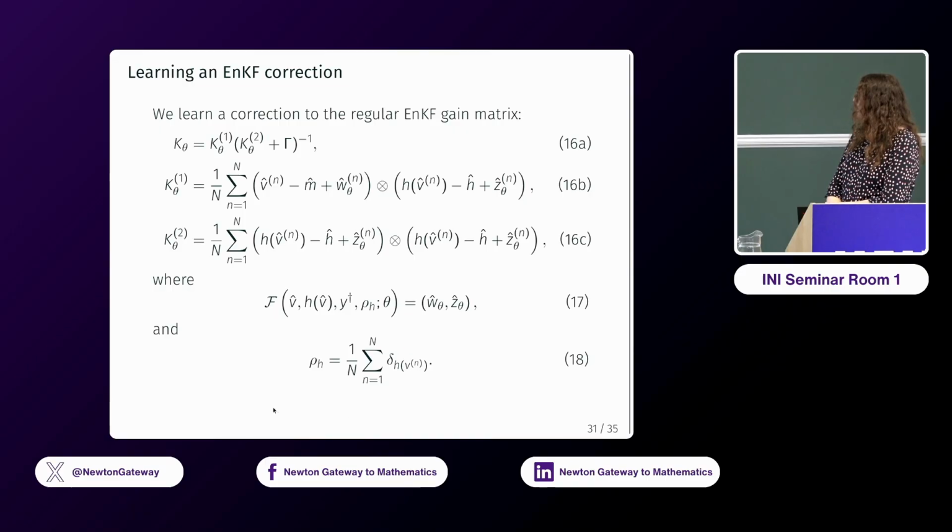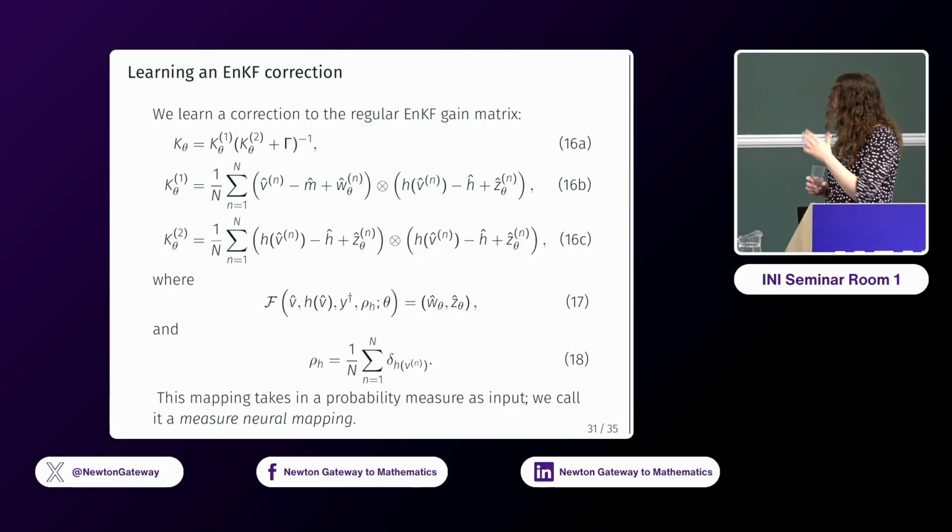So we have this gain K theta, we have these gain matrices here that form a part of the gain, and within these we have these learnable functions W hat and Z hat, and these are outputs of a neural network that takes in as input the ensemble, the observation, and each individual ensemble member, as well as its value in the observation space.